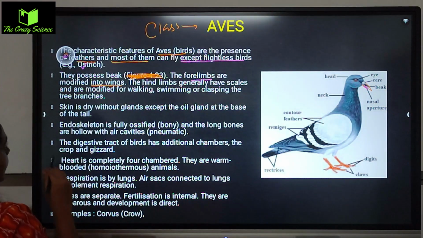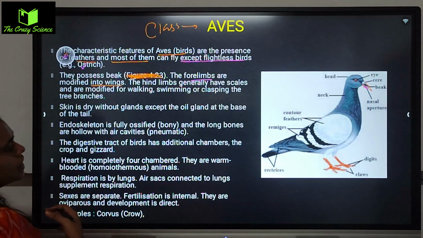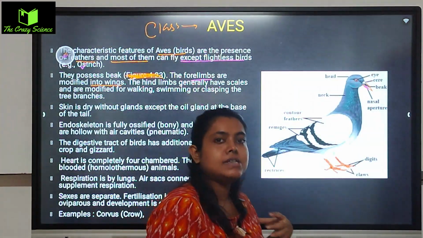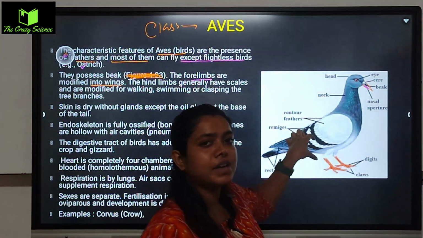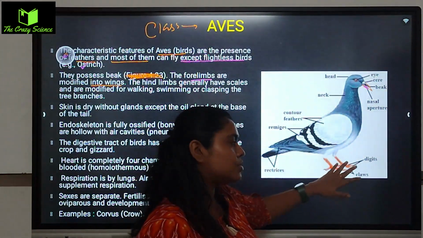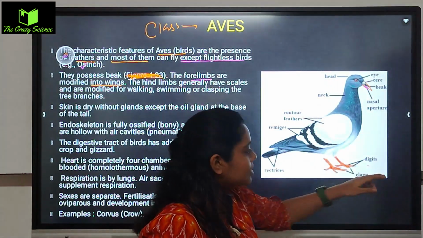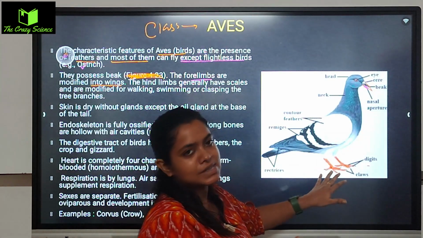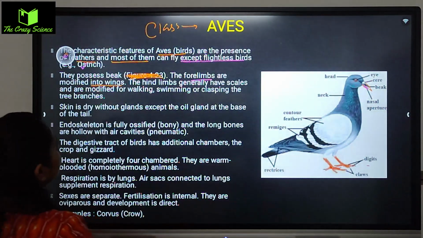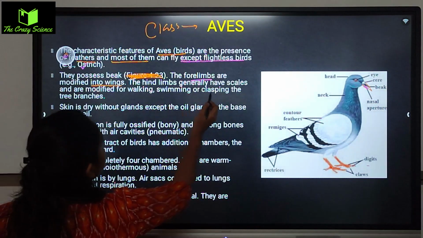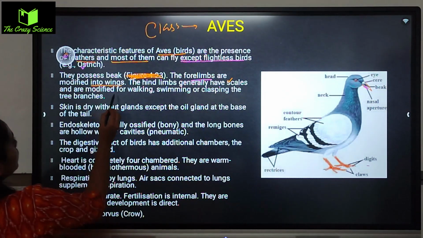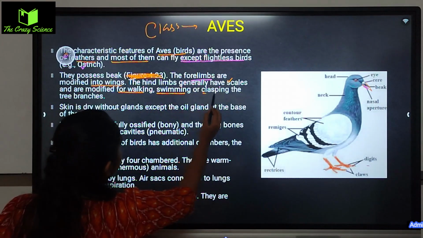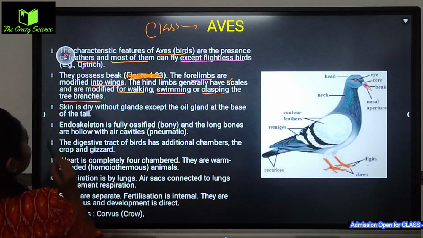So they have a beak, and the 4 limbs, the front limbs, have been converted into wings, and hind limbs are still there. Digits are there, meaning fingers are called digits, present to support their body. Hind limbs generally have scales and are modified for walking, swimming, clasping tree branches.